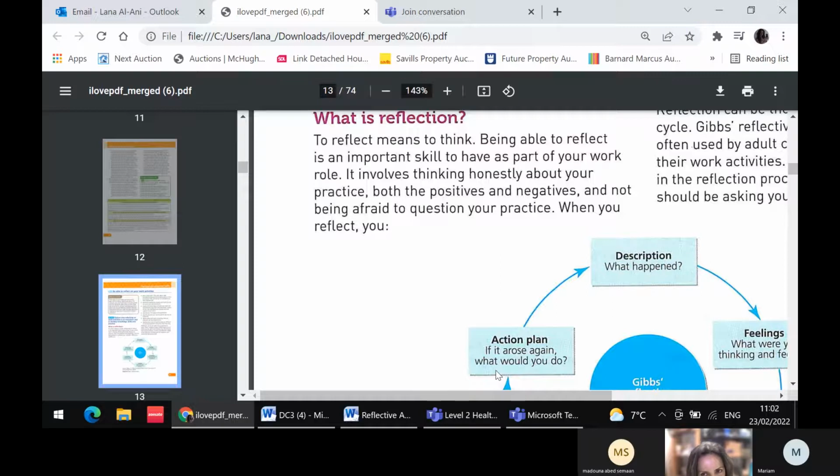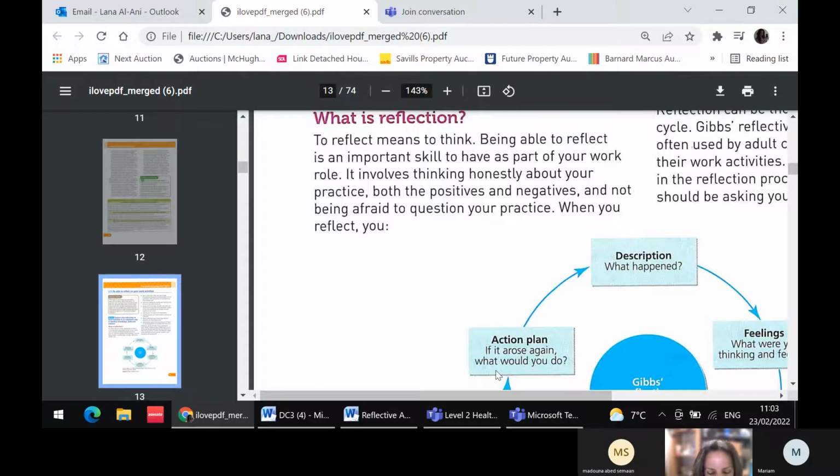Then you start thinking about how to develop it next time. Why was this person so unhappy with you? Maybe you did it correctly, but the person is still unsatisfied with the way you presented the food for him or the way you handled his complaint. So when you go home, you think about it, and then you start developing ideas about how to do it better next time. So reflecting on your own work is really, really important.